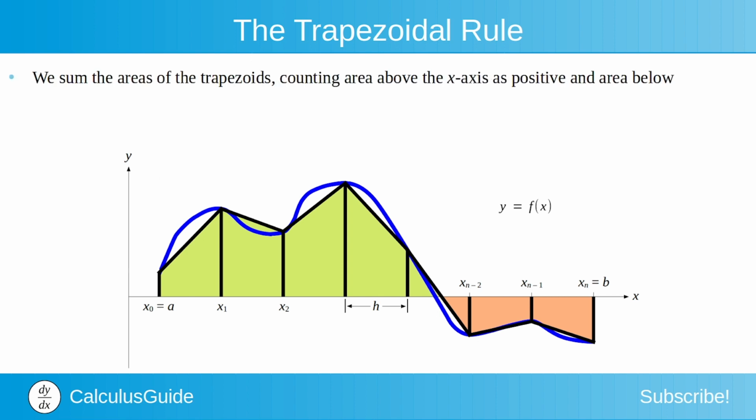We sum the areas of the trapezoids, counting area above the x-axis as positive and area below the x-axis as negative.